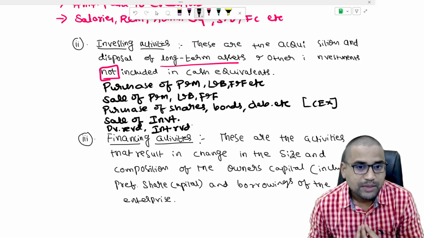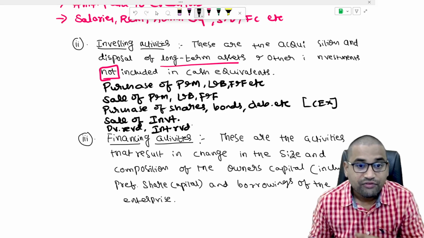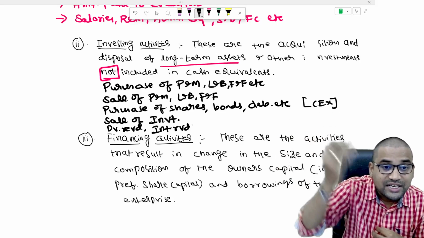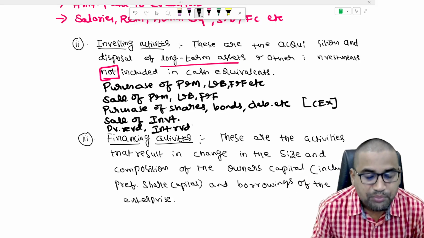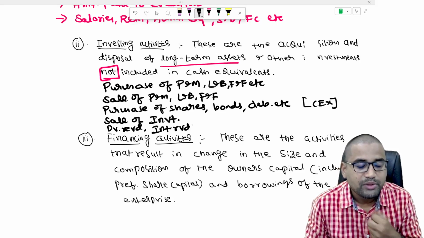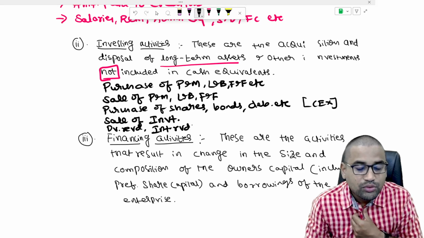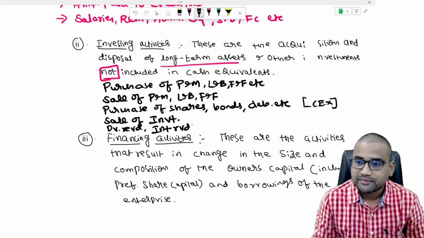Suppose a company purchases shares of another company, that is investing activity. That other company declares a dividend, we receive dividend. So that dividend is also investing activity. Suppose a company purchased bonds, debentures of another entity. From the debentures we receive interest. So that interest is also investing activity.